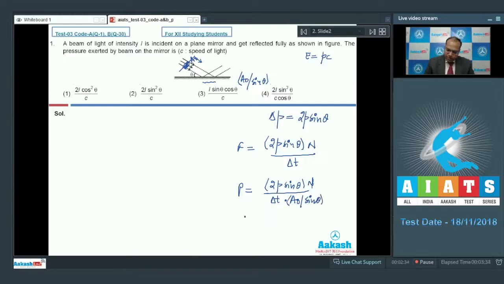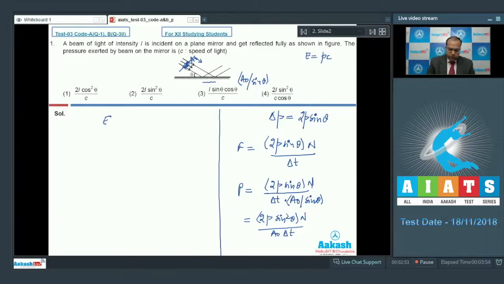So from here we can calculate the pressure as 2p sine square theta into n divided by A0 into delta T. Now we have to replace the value of P and A0 and delta T.